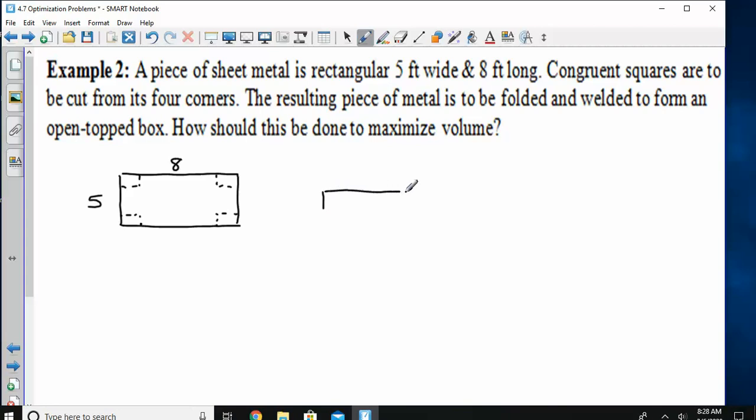So you're going to cut out the squares, fold up the tabs, and then we get a box from that. How should this be done to maximize the volume?